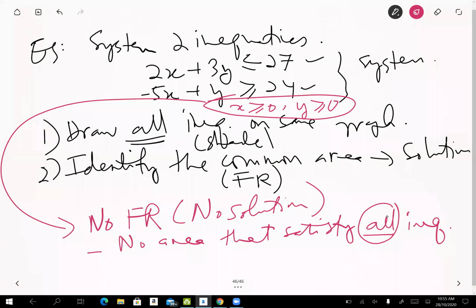Okay, all right. So, you know what? This is also good, x bigger or equal to 0, y bigger or equal to 0.